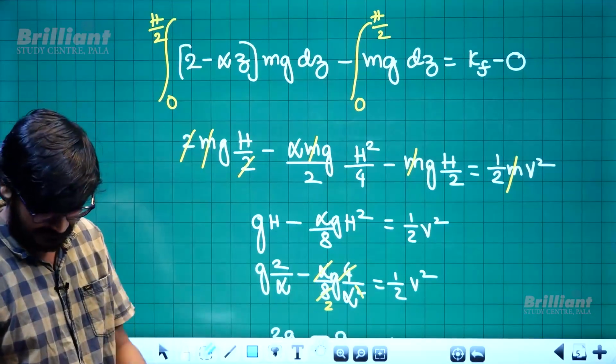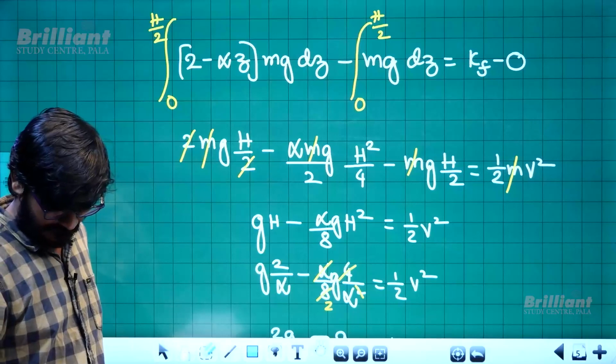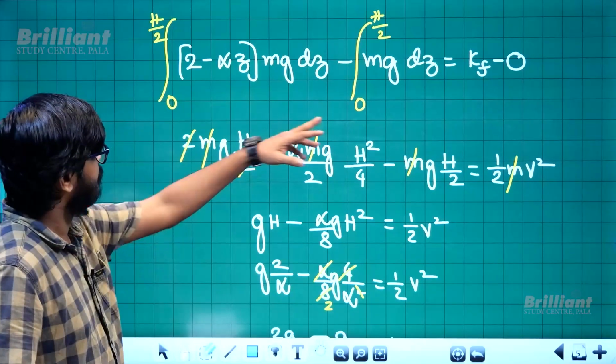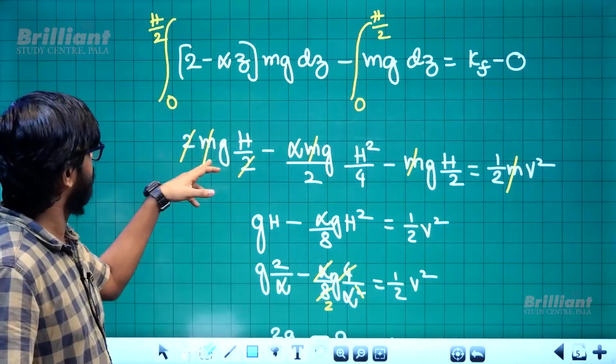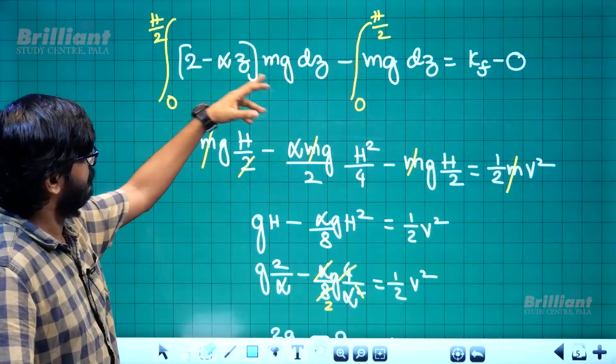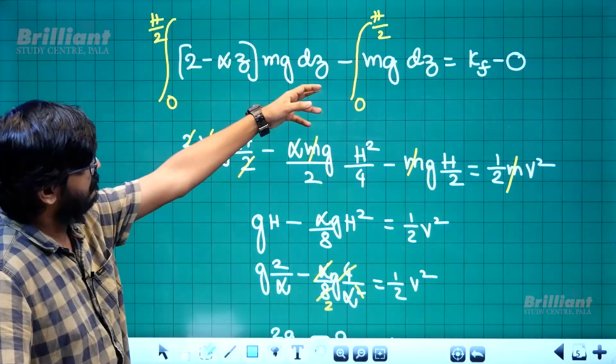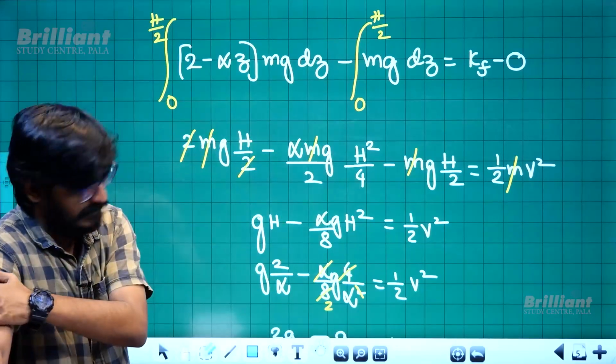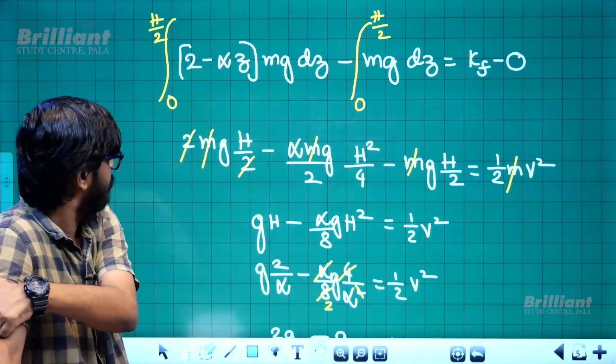2 minus alpha, mg, okay, minus mg, so 2 mg h by 2 alpha mg by 2, okay. mg into h by 2 equals to half m v square, okay.